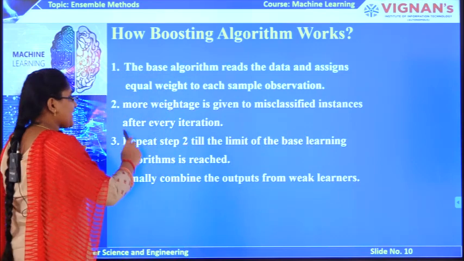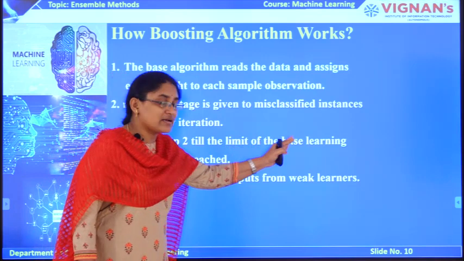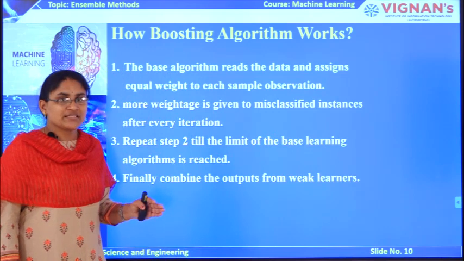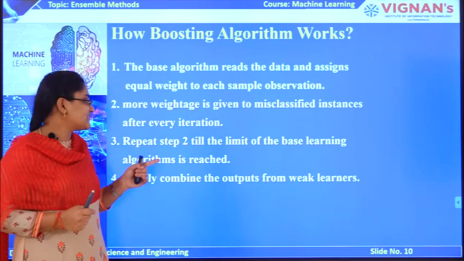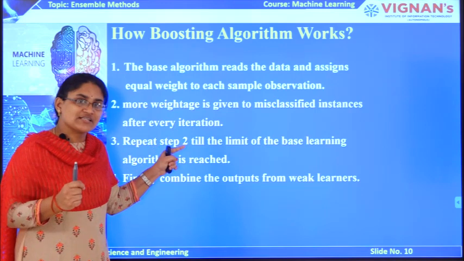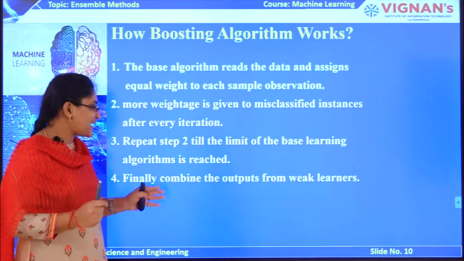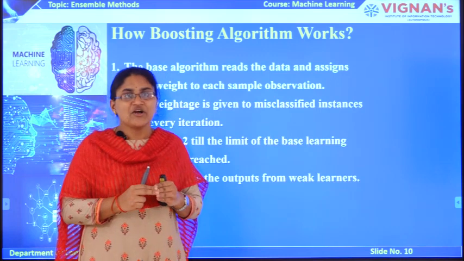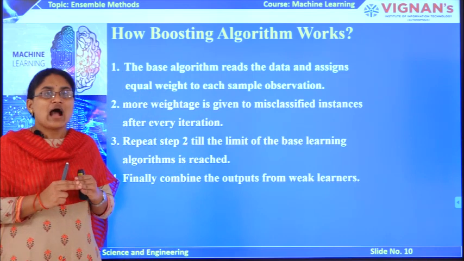This process is repeated until our limited number of base classifiers are completed for our model. That means until we find the right classification, we repeat this process. After completion of all the base classifiers, we combine all the outputs of the weak classifiers by using a voting classifier to find the final prediction for our final model.